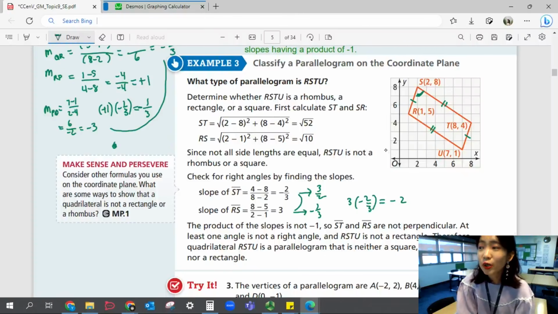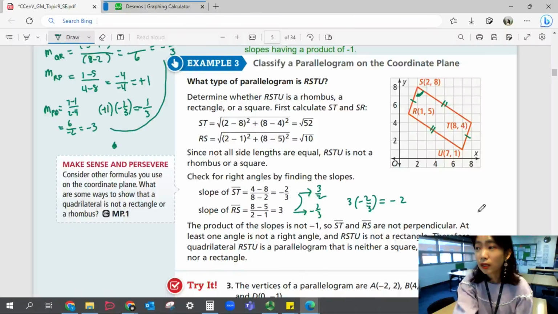So RSTU is a parallelogram, but it's neither a square nor a rhombus nor a rectangle. Okay, so you're going to use the same equations, the distance formula and the slope equation to figure out some information to see if they are any of them.